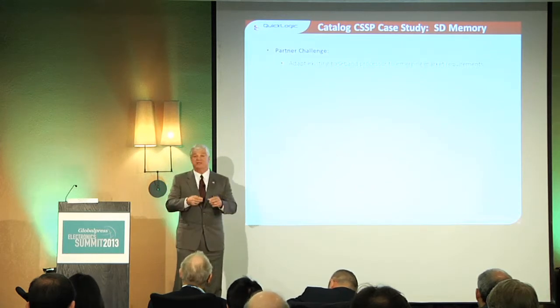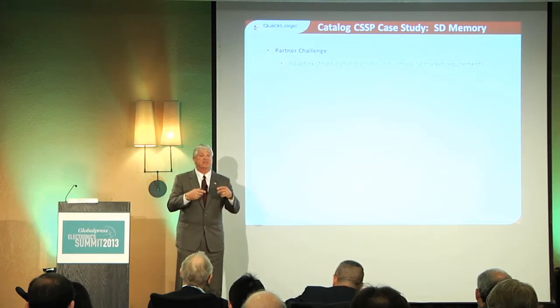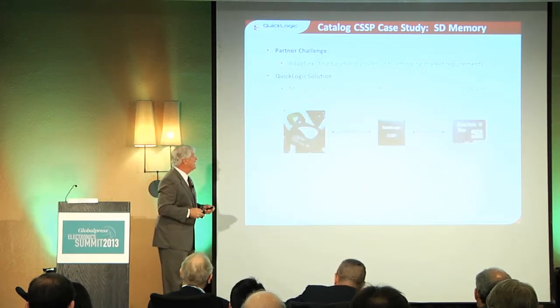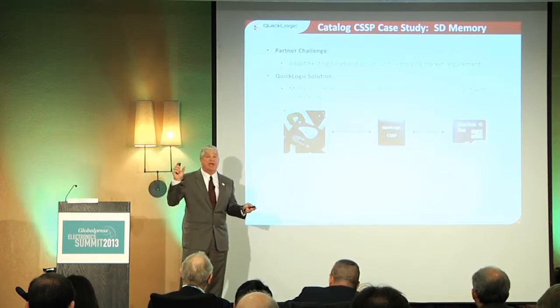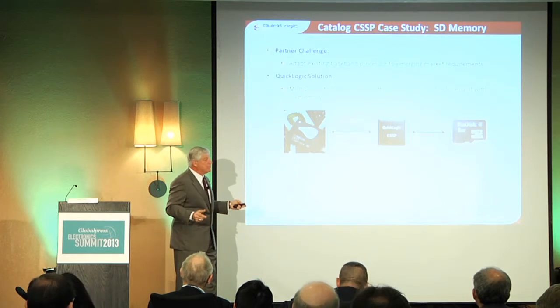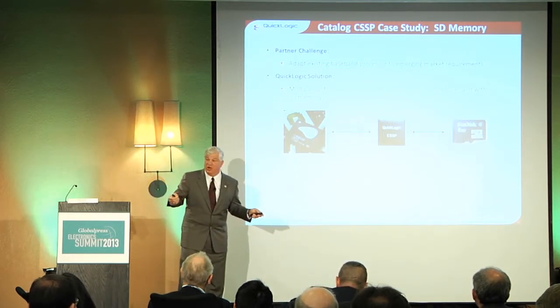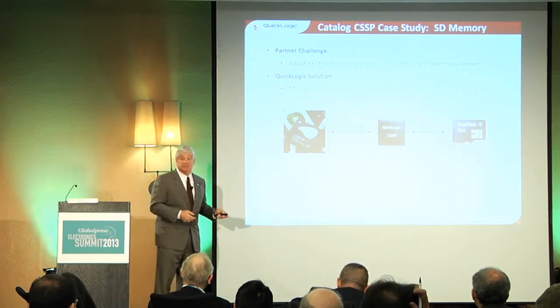The market had a new requirement that they didn't consider when they built the chip: the operators were requiring these data stick manufacturers to have the ability to add in an SD card for memory download, and they didn't have the facility to do this.